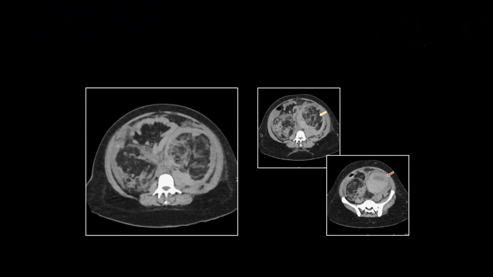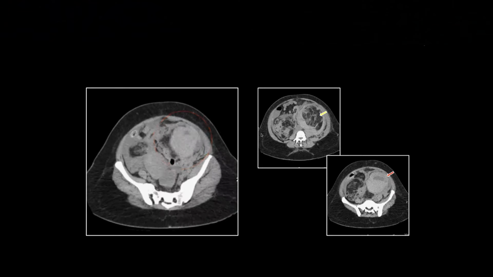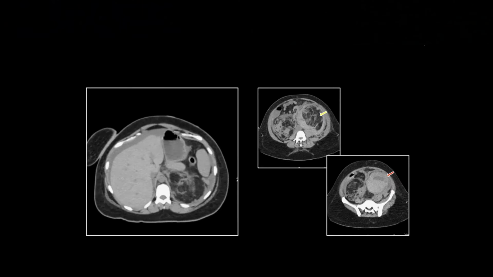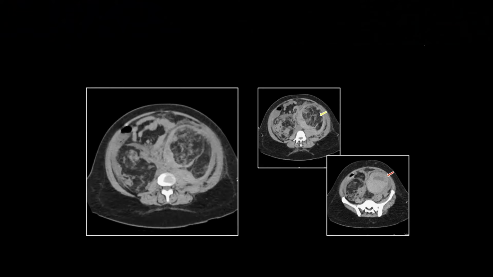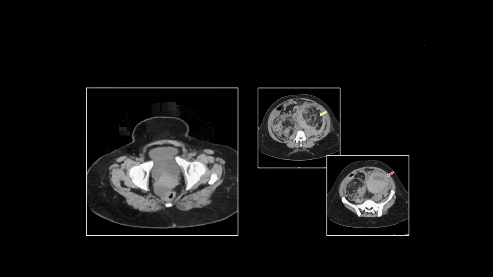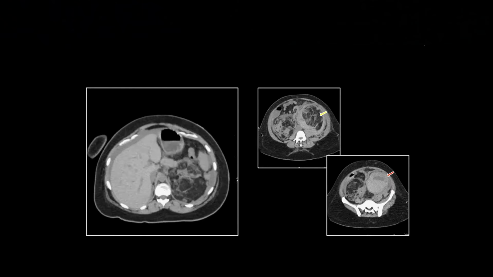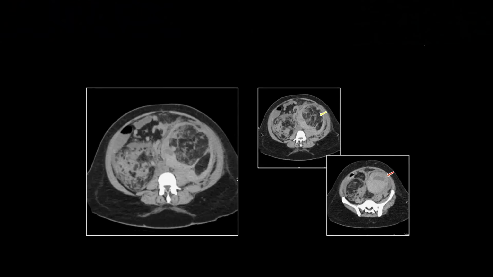So pretty impressive. Just try and pick out some normal renal parenchyma. You do see a few rounded soft tissue densities, and of course AMLs can have a soft tissue component, and it's quite variable as to how much soft tissue and fat they'll demonstrate. Pretty impressive.